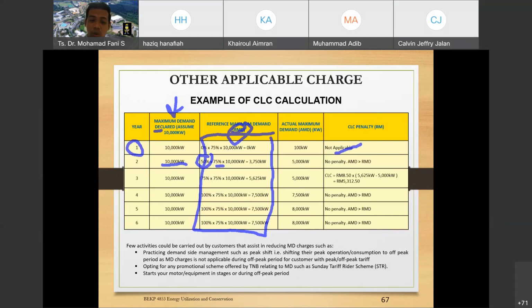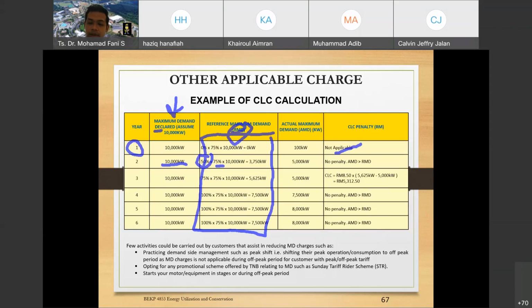And if you need more power or maximum demand, please calculate your load as well. So you need to upgrade to the high voltage one, and you need to re-declare your maximum demand. TMB will notice on this one.